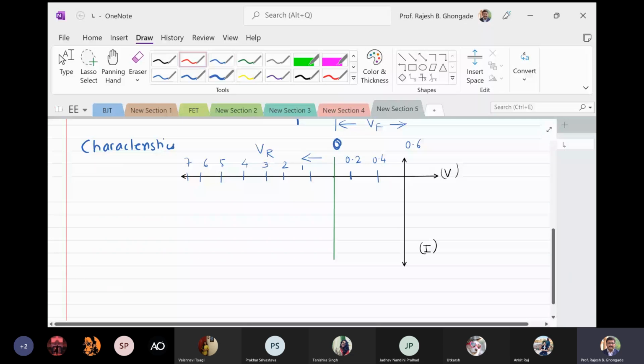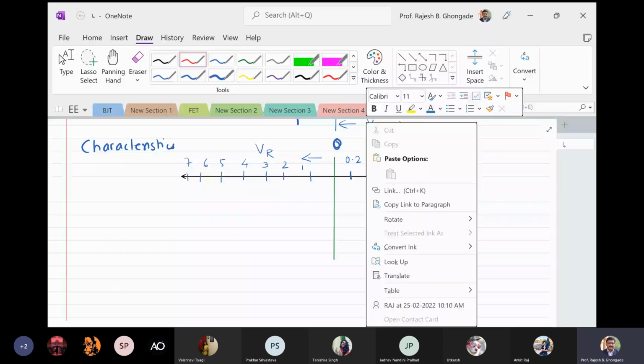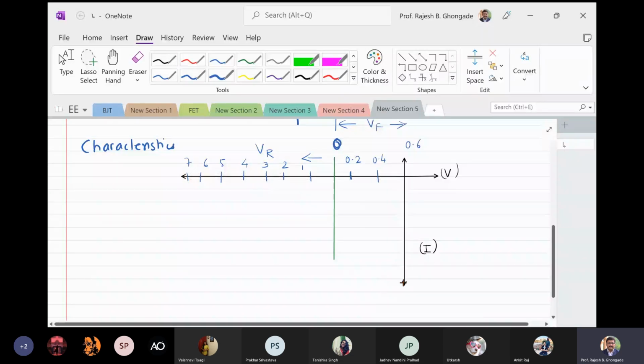So it starts with, let us say, here. Okay, let me first of all mark the current. So remember, this is not the origin. This current is in microamperes. Remember this.